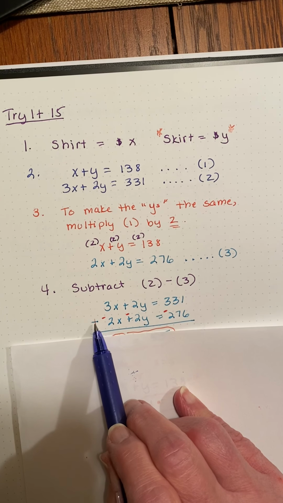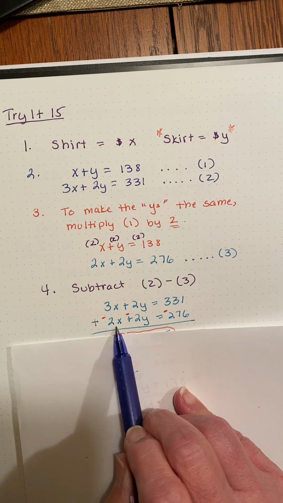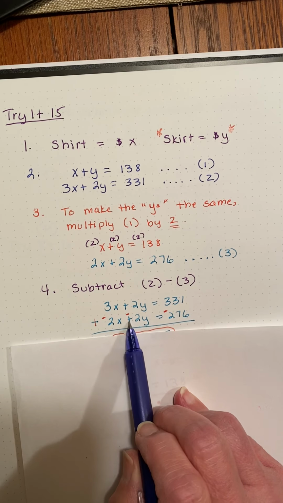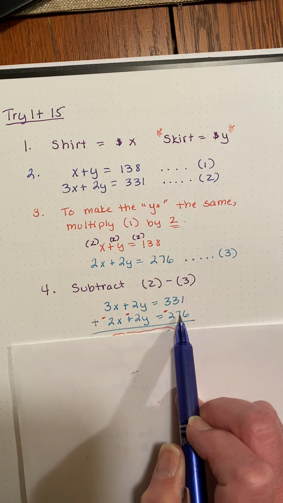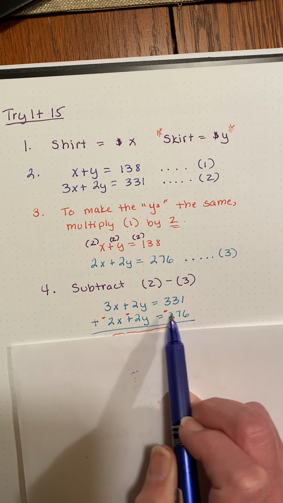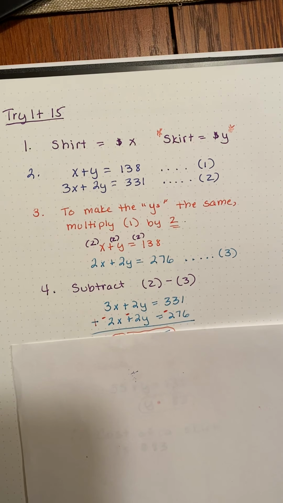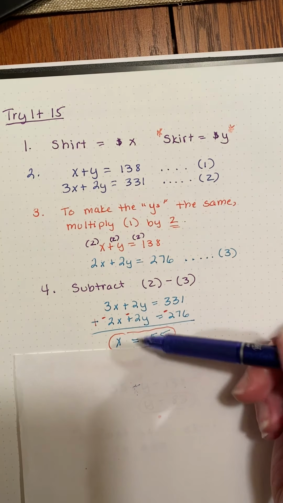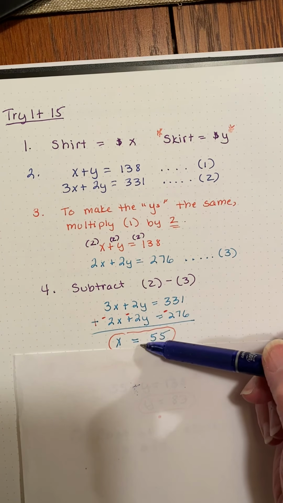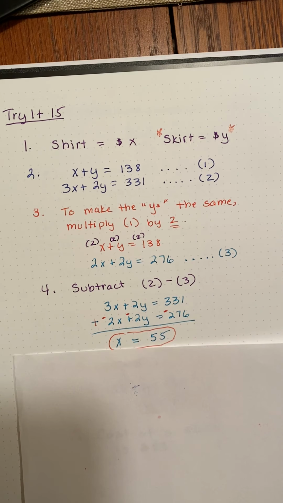So it becomes plus a negative 2x plus a negative 2y equals a negative 276. So going ahead and combining those, the y's of course eliminate. I'm left with x, and that's going to equal 55.